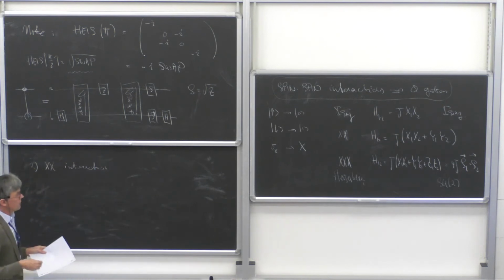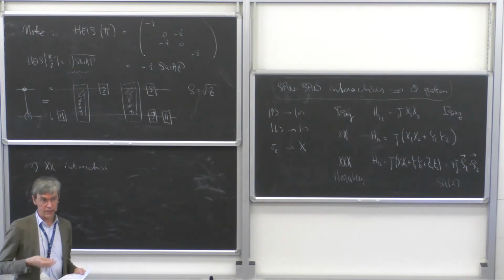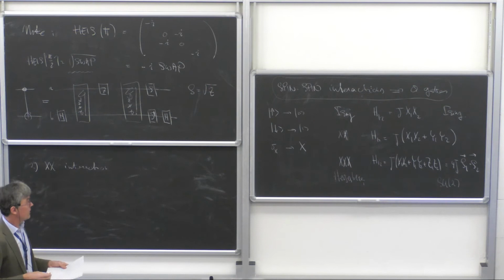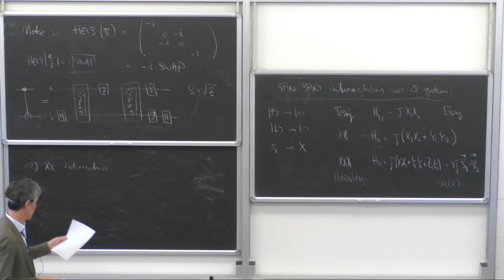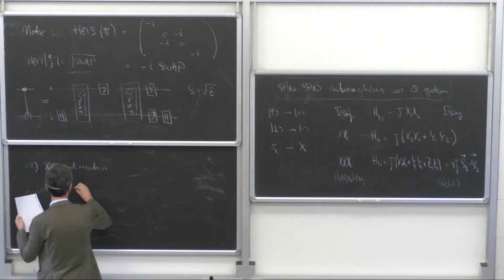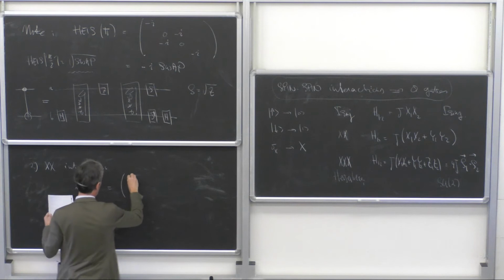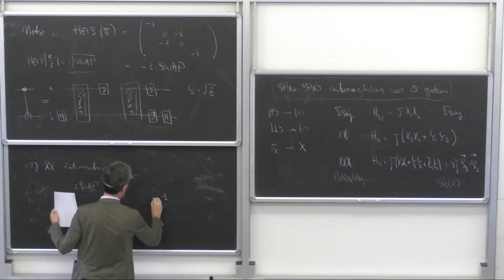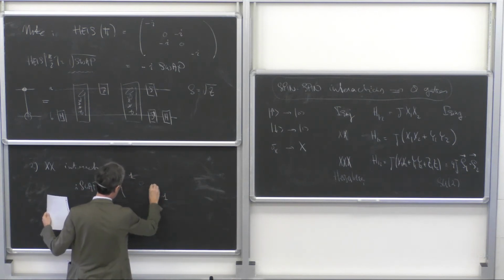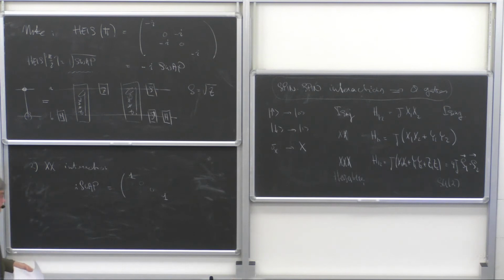If you look at what is the native operation that you typically get, it turns out you cannot make the swap, but what you do get is a thing called iSWAP, which is this matrix. It's 1, 1, and then it's a swap in the sense that you interchange the middle two states, but there's an extra i here.